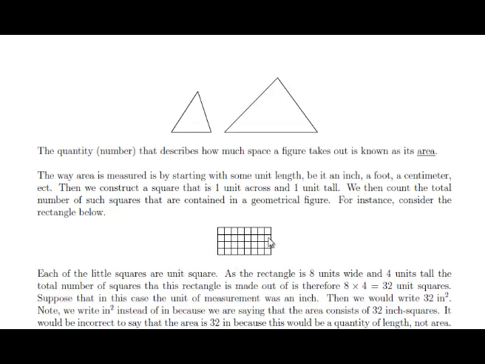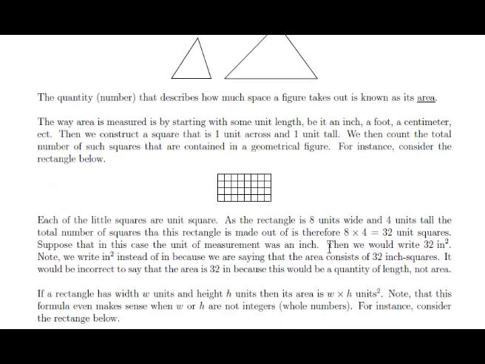So the length may be 8, the width may be 4, but the area is actually 32 square units. If it was just 1 by 1, one little box, then the area would only be 1 unit. The more you get in terms of length and width, the higher the area goes.